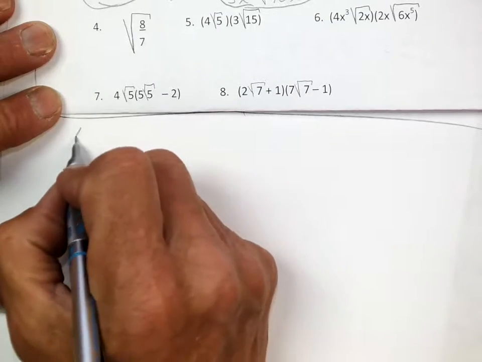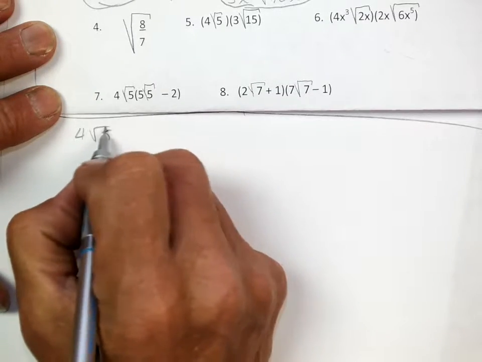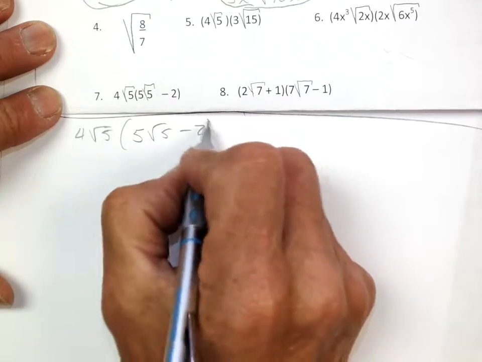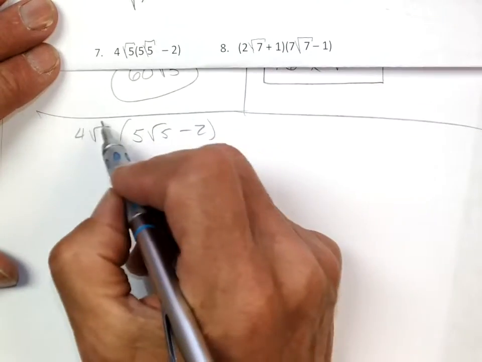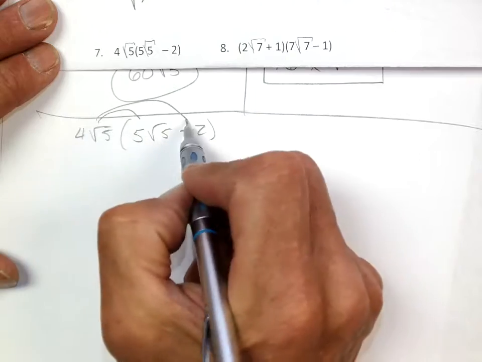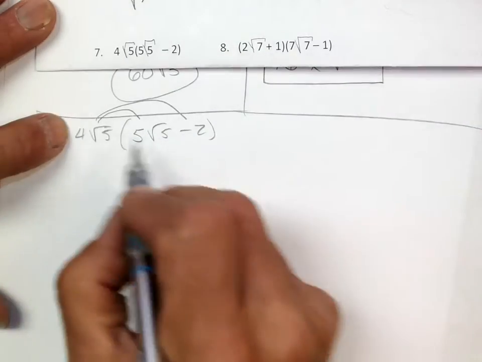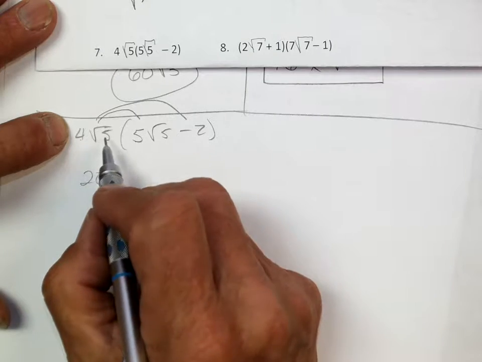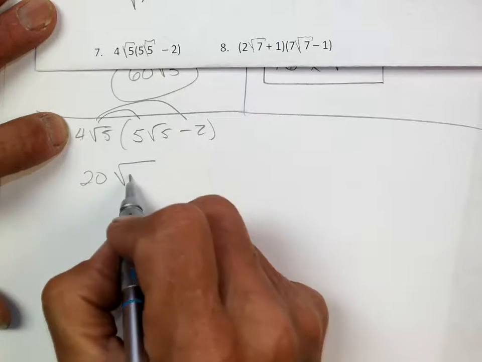So I've got 4 square roots of 5 times 5 square roots of 5 minus 2, right? I'm going to go this times this times this. I'm going to distribute. So I'll go 4 times 5 is 20. And the square root of 5 times the square root of 5 is the square root of 25.